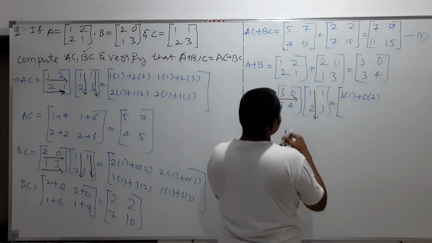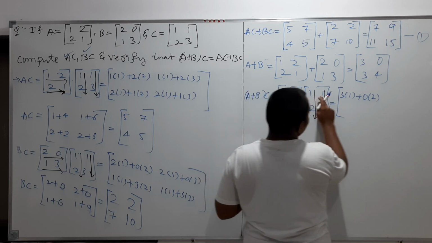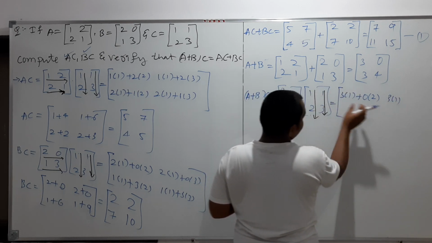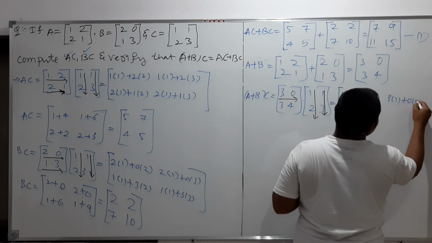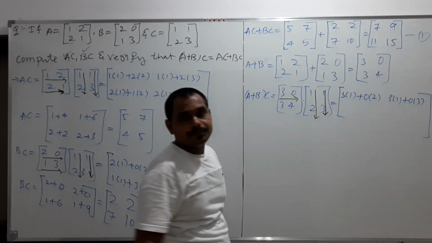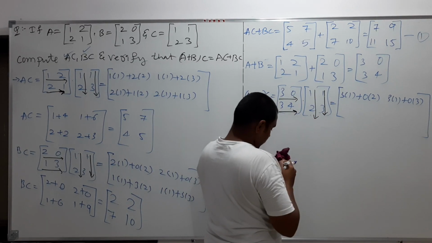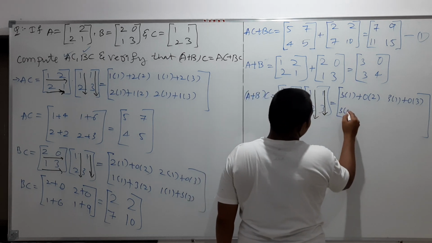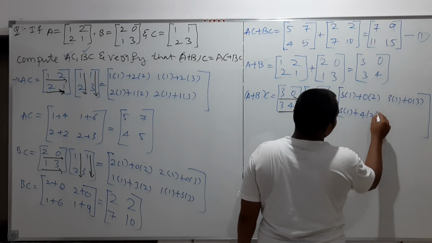Next, my dear friends, first row, second column. So therefore 3 into 1, leave some space here, and next 3 into 1 plus 0 into 3. Next, my dear friends, second row, first column. That is 3 into 1 plus 4 into 2.